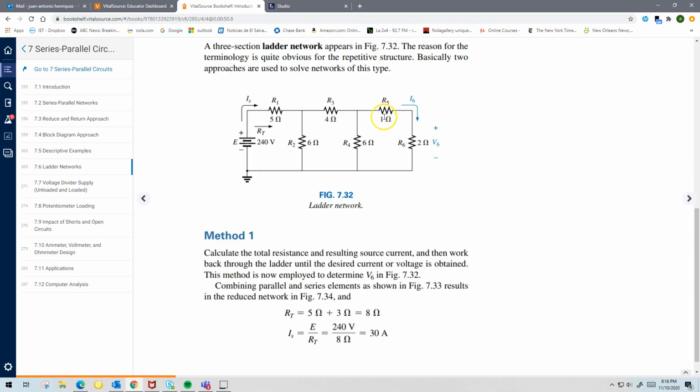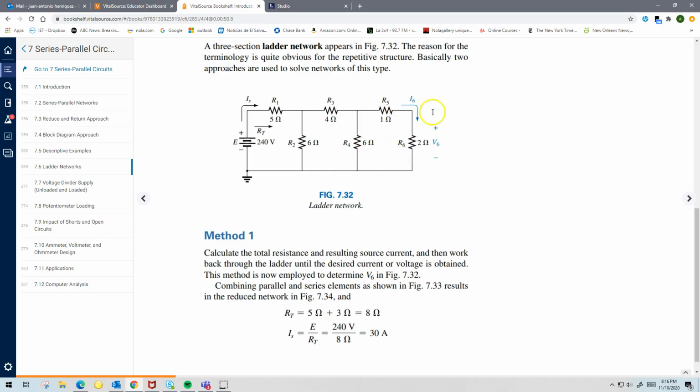Because what happens? If you combine the 1 and the 2, you get a 3. So that 3 will be in parallel with the 6. Well, 6 and 3: 6 times 3 is 18, divided by 6 plus 3, which is 9. So 18 divided by 9 gives you 2. So these 4 resistors become a 2 ohm resistance.